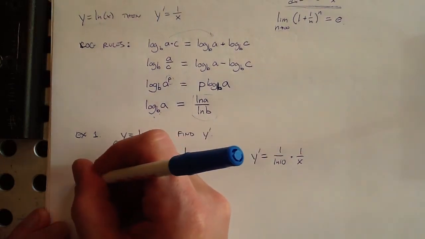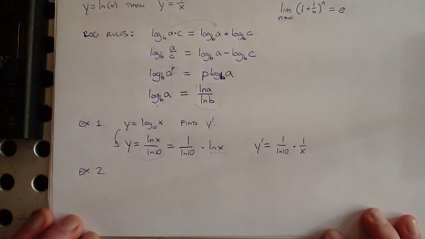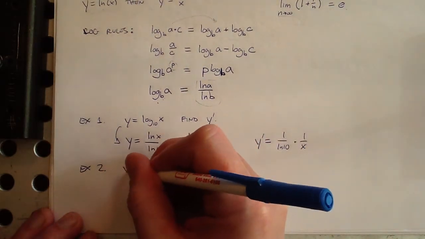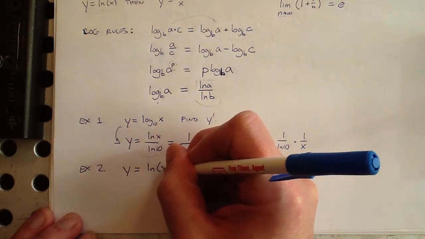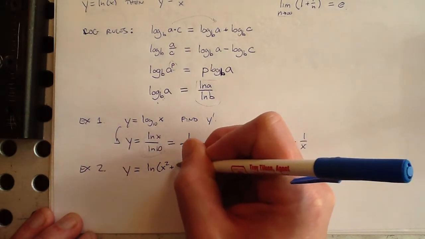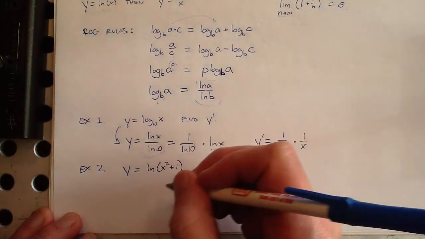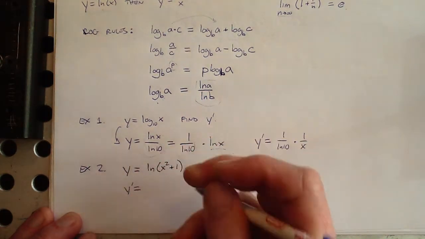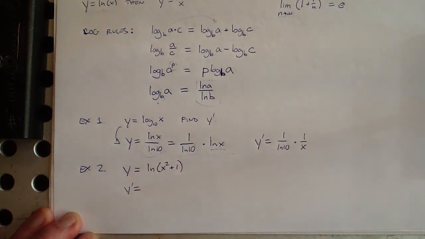Now, how do we deal with, let's say, a chain rule situation? So what if we have y is equal to the natural log of x squared plus 1? So the derivative of natural log of whatever, using the chain rule, right?